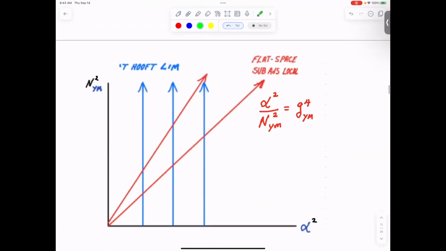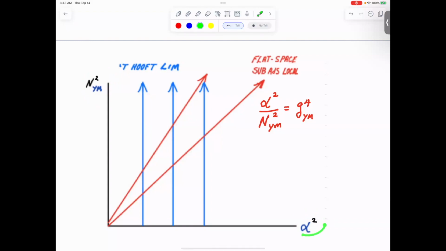All right, now let's think about the various limits we can take. I've plotted here for the Yang-Mills theory the square of the 't Hooft coupling constant against N Yang-Mills squared. Let's talk first about the 't Hooft limit.